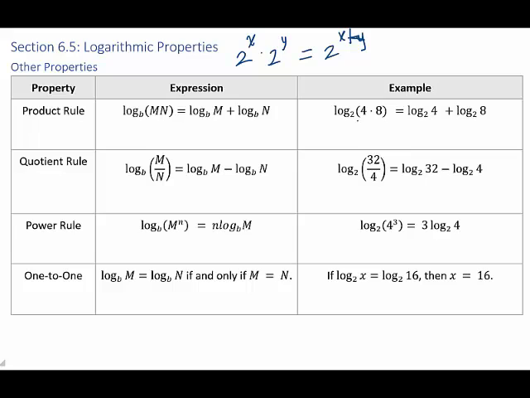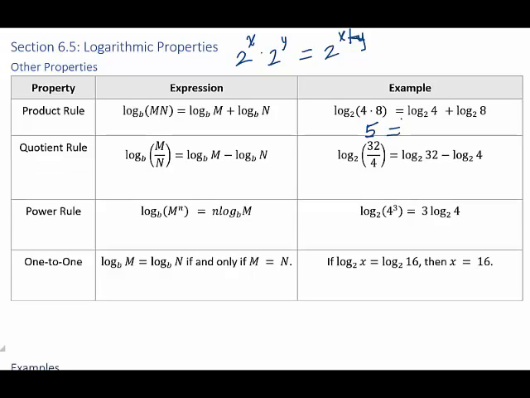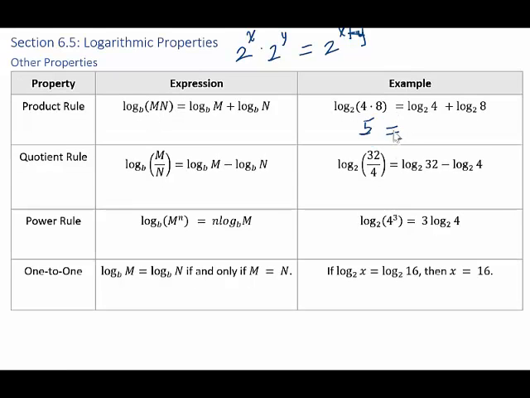That's log base 2 of 32, and so 2 to the 5th equals 32, so that side is equal to 5. And we want to see if this is equivalent to log base 2 of 4 plus log base 2 of 8. Log base 2 of 4 is 2, and log base 2 of 8 is 3, and when we add those exponents together, we get 5, and so this equation holds.